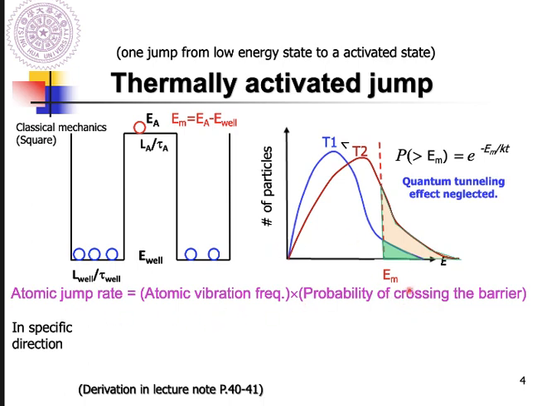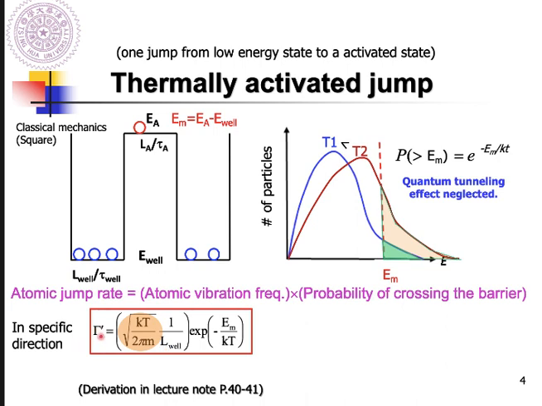So based on this equation, we know gamma prime, the atomic jump rate in a specific direction, here along one direction, we call it gamma prime. It equals the atomic vibration frequency times the probability. The probability term I just copied from this result.